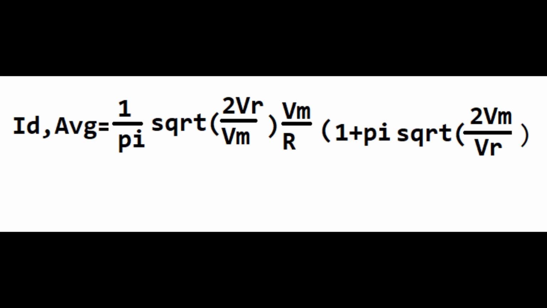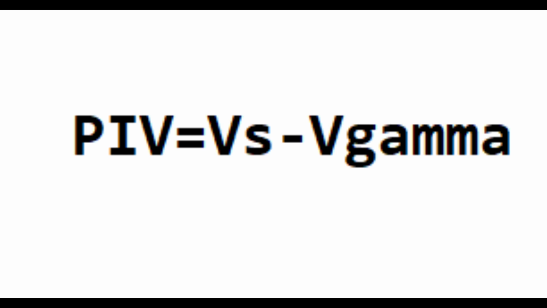And this gives us an average diode current of 1.078 amperes.